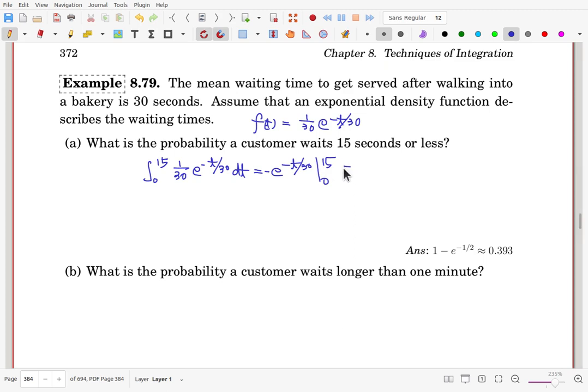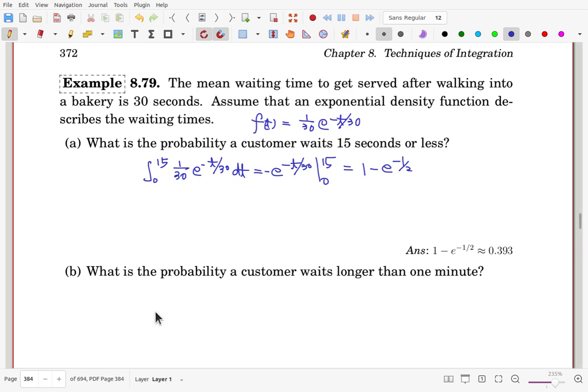Once it is 0, then 1. Once it's 15, that makes half, so e to the minus 1/2, right? So that is the probability. The numeric value is about 0.393.